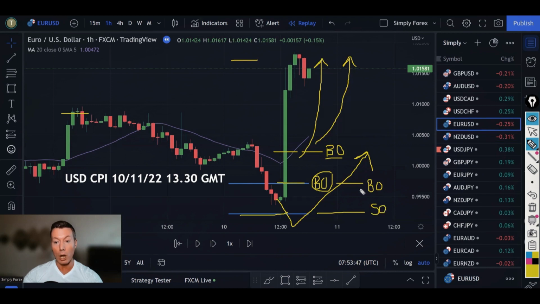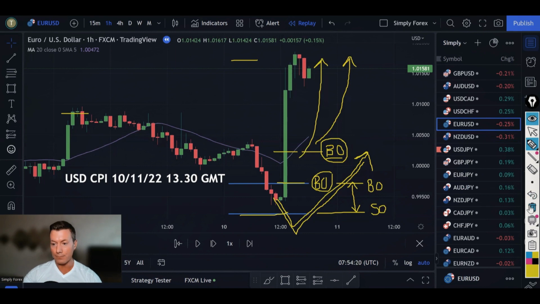So you will be in a loss, okay, of this amount, which is around 40 pips. All right. So you must be aware of whipsawing price. Yeah. So you could be in the buy and the sell order that you initially laid down. Or you might have slippage, guys, and you won't get into your buy order until up here. Okay. So a couple of things to be wary of.